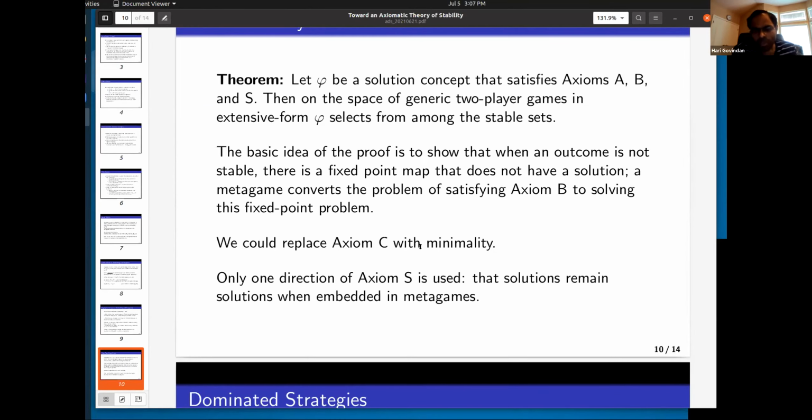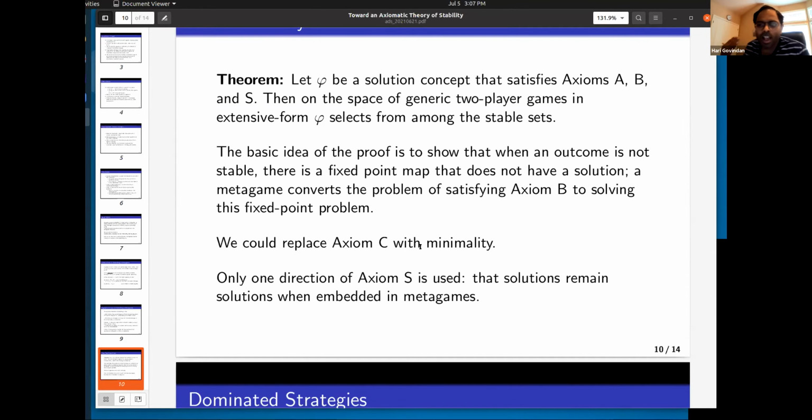Okay. Now, for those of you who know the definition of stability, that definition involves looking at the graph of equilibria of perturbed games and saying that graph has a projection that's essential in an algebraic topological sense. What we're doing here is really converting that requirement into a fixed point problem.